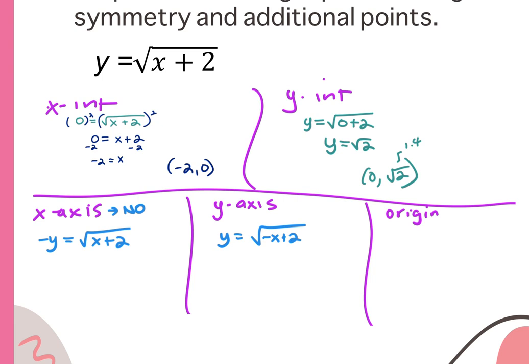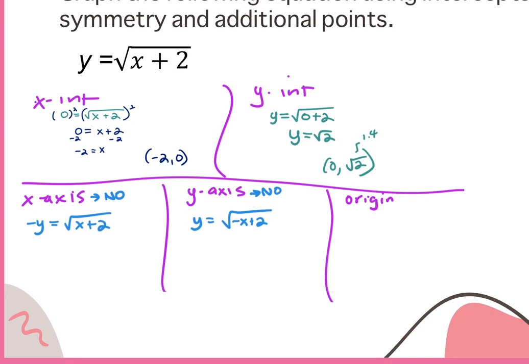Still nothing to simplify. Doesn't match. And not all are the opposite. So this is also a no. And the origin, change the y and the x. Doesn't match. 2 of the 3 have now been the opposite, but still not all of them. So it's still a no.